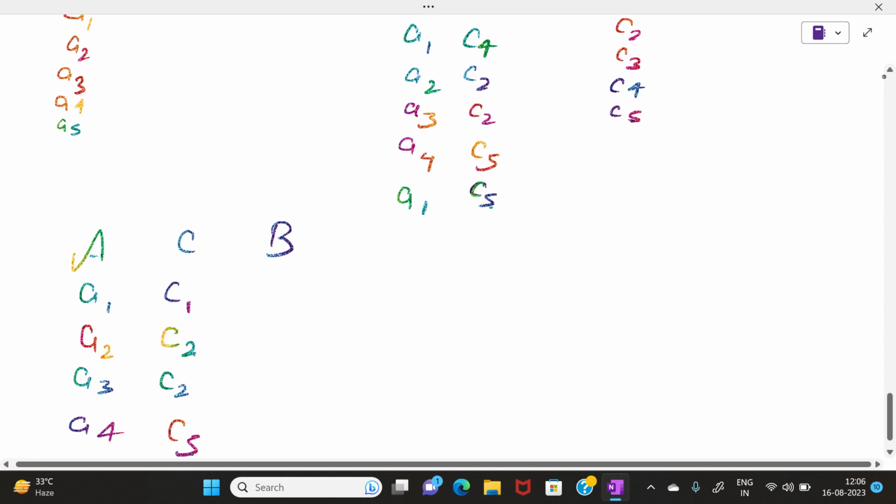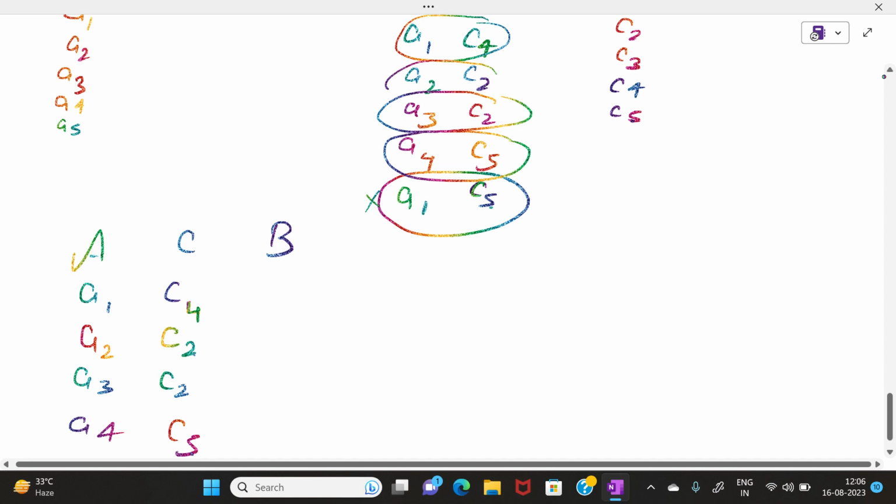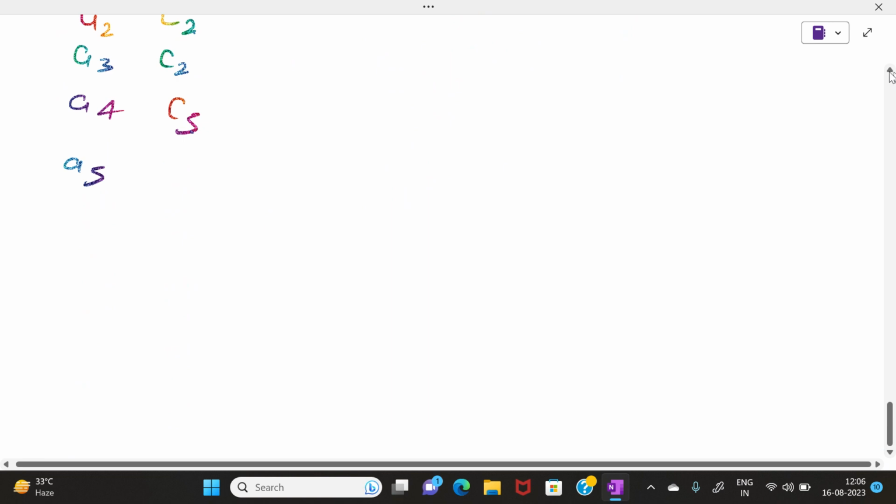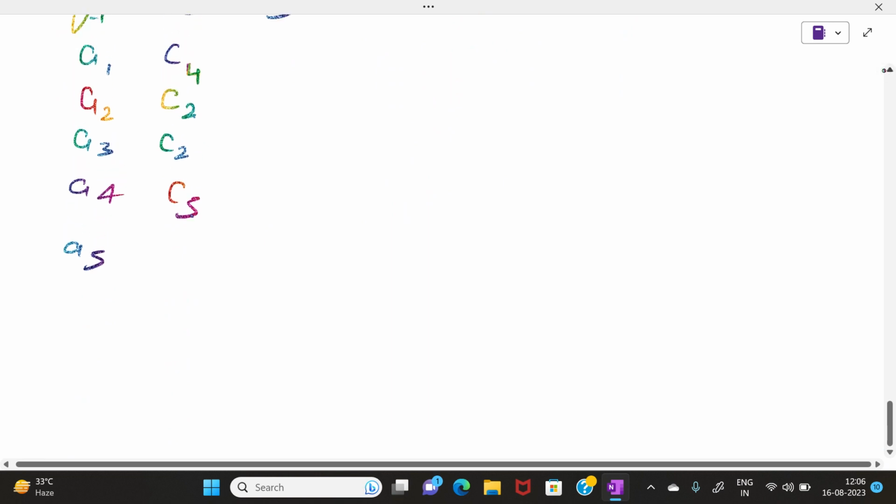Okay, and we have A1 two times, so A1 is also combined with C5 and A1 is also combined with C4. Sorry, this will be C4. A1 combined with C4. This is not satisfied. A4 combined with C5, A3 combined with C2, A2 combined with C2. So if we want A1 combined with C5 here, we need to have a separate row, as this A1 should be combined with C5.